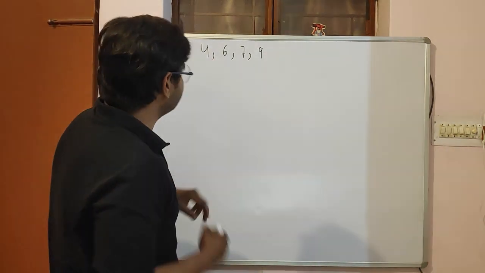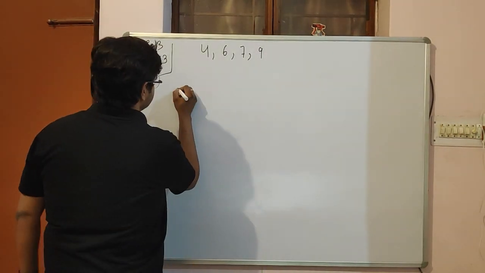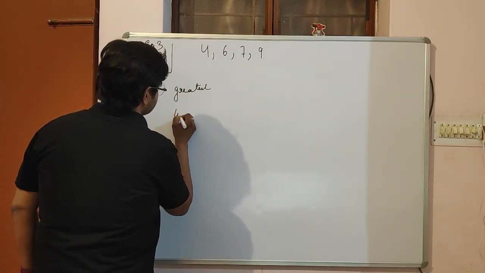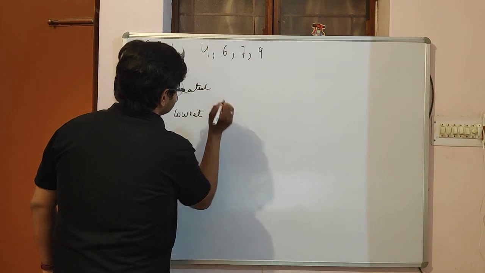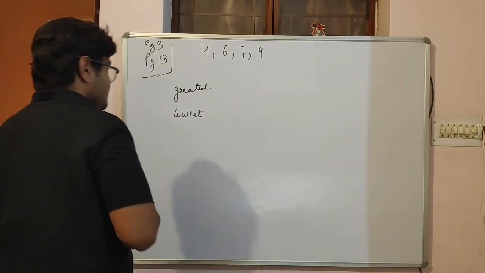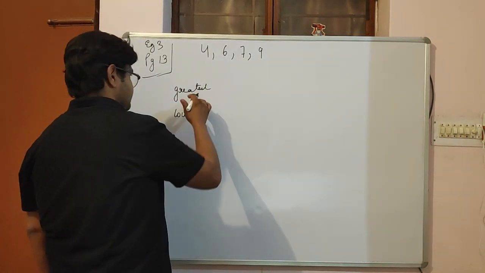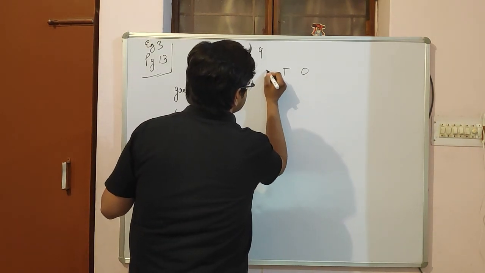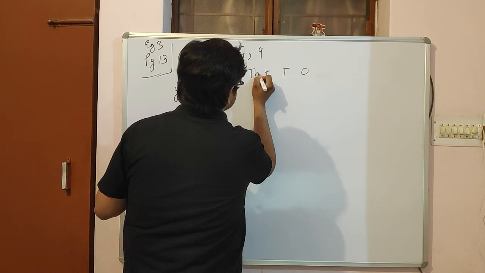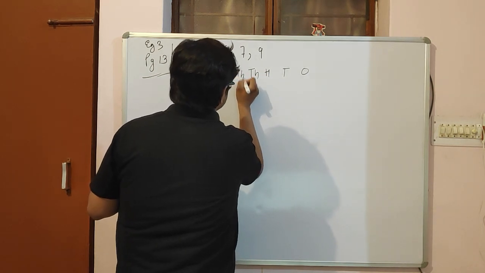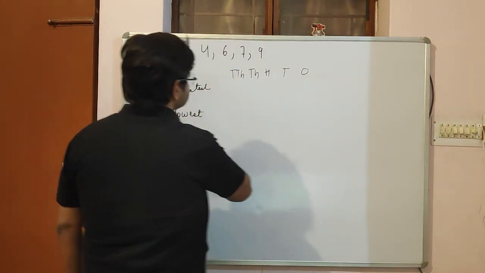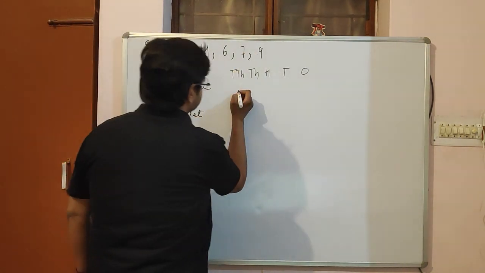We need to write the greatest and the lowest number. So we will be starting with the greatest number. So first we'll write ones, tens, hundreds, thousands, ten thousands. Okay. So class, out of these 4 digits, which is the greatest digit? 9.